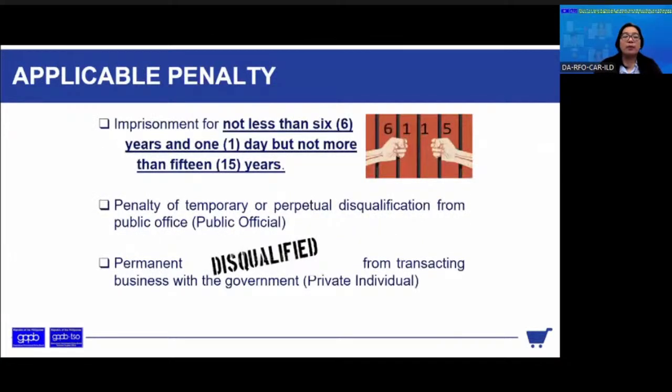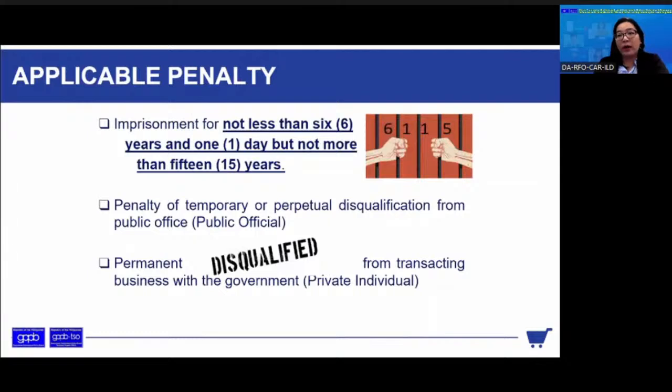So ano po ba yung applicable penalty na yan? The applicable penalty is imprisonment of 6115. So 6115, not less than 6 years and 1 day, but not more than 15 years. And for public officials, there is temporary or perpetual disqualification.